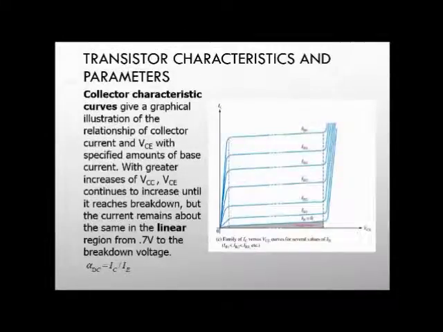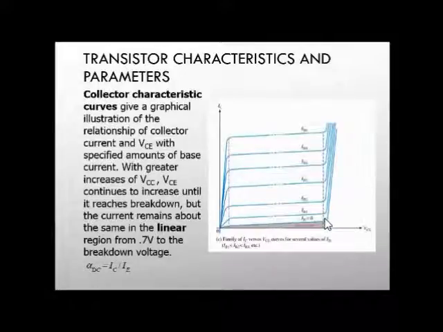Now the transistor characteristics and parameters: the collector characteristic curve is given in front of you for graphical illustration. You can see that with greater increase in VCC, VCE continues to increase until it reaches a breakdown point.